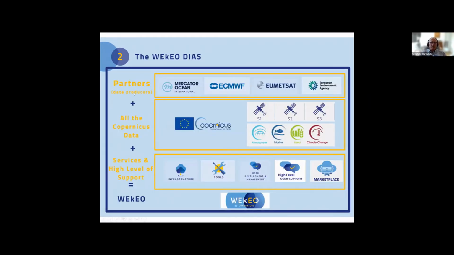It means the data from all the Sentinels, Sentinel-1, Sentinel-2, Sentinel-3, soon Sentinel-5P, the atmospheric composition satellite. Soon also, it's in preparation, the data from Sentinel-6, the radar altimetry satellite of the Copernicus constellation that looks at sea level rise, as well as the products of 4 of the services: the atmosphere monitoring service, the marine monitoring service, the land monitoring service, and the climate change service.